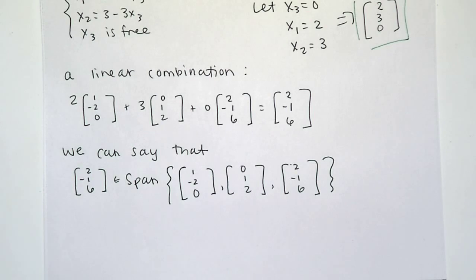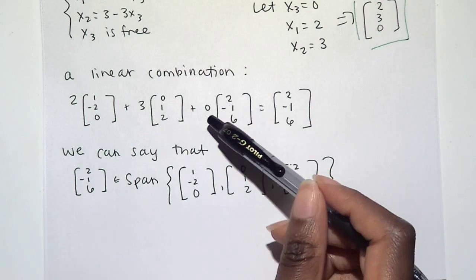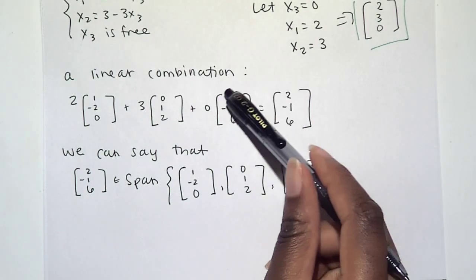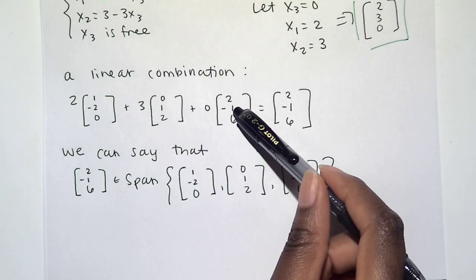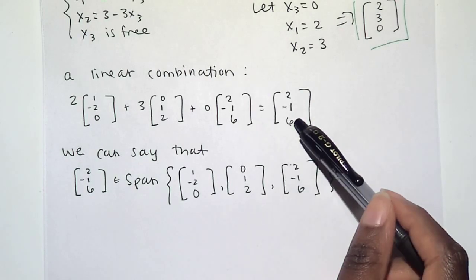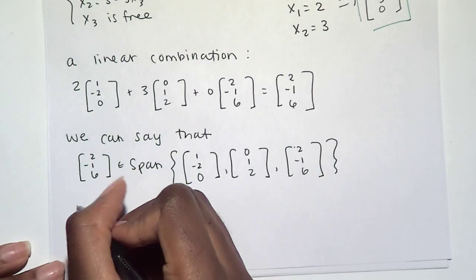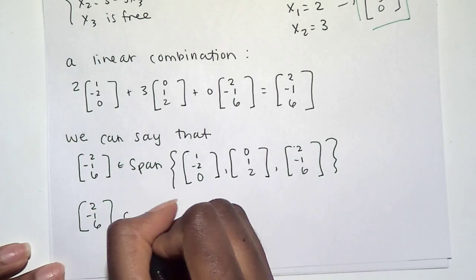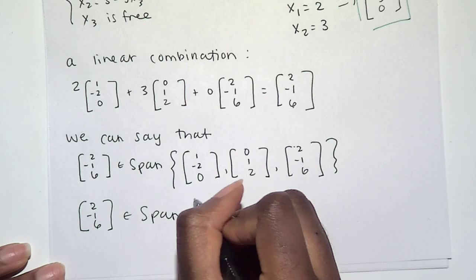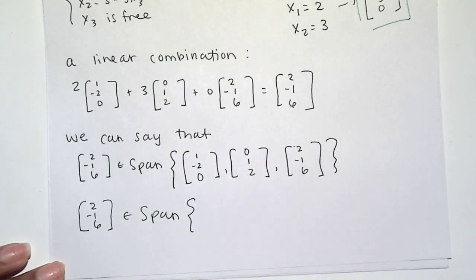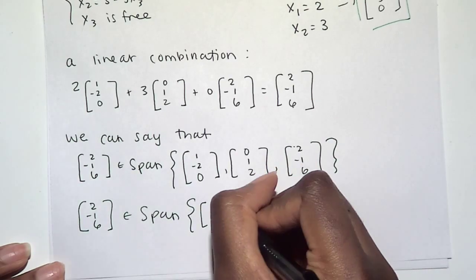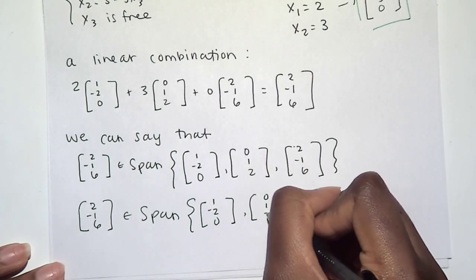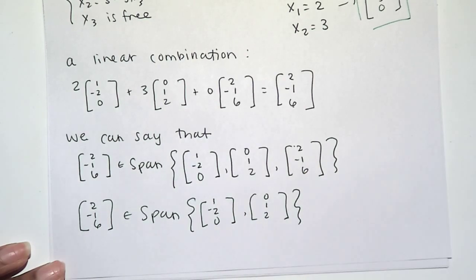But don't forget to notice we had a 0 here in front. So we actually don't even need this third vector to come up with (2, -1, 6). So we can also say that (2, -1, 6), our b, is in the span of just the first two vectors, because we can write it as a linear combination of only the first two.